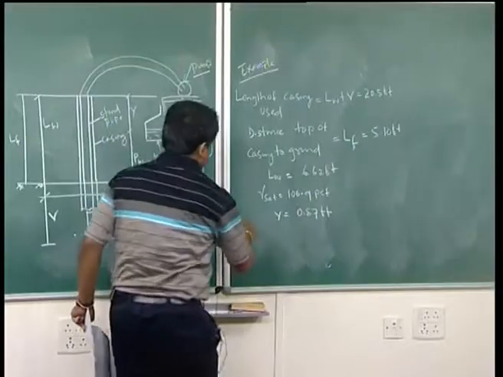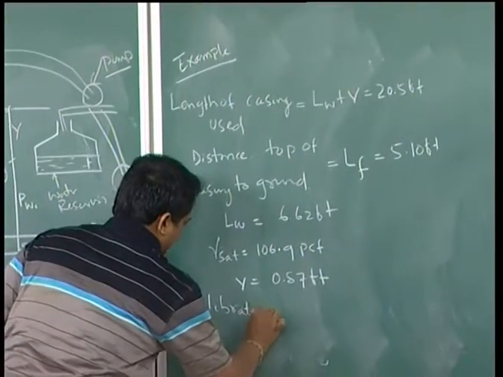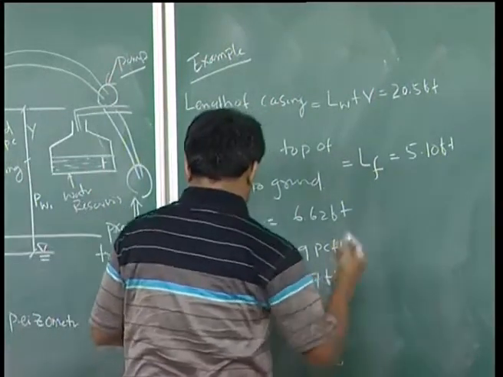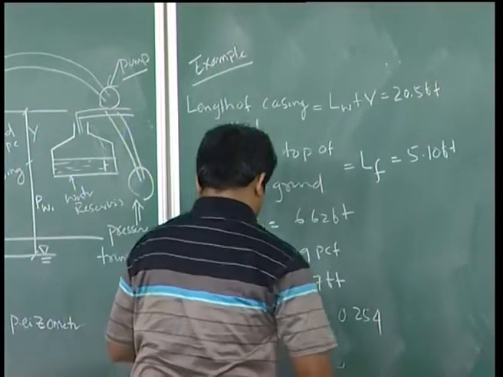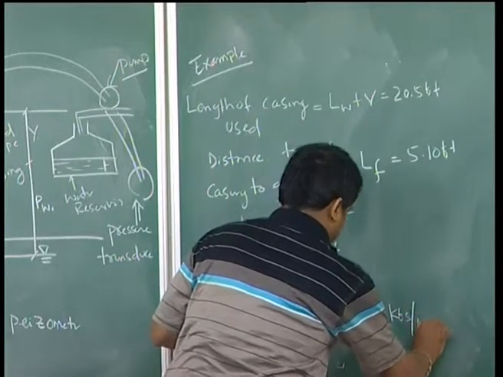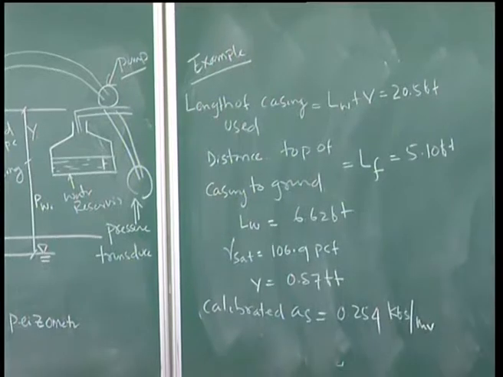So, pressure transducer calibrated as 0.254 kips per MV.